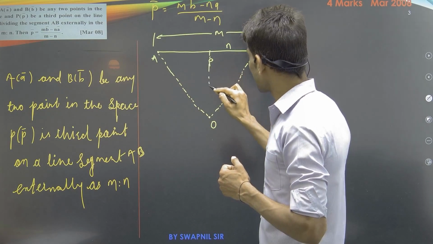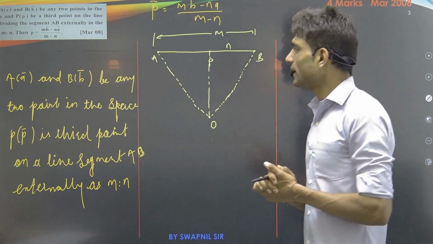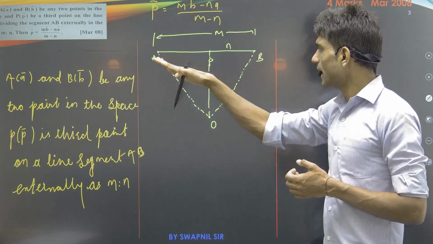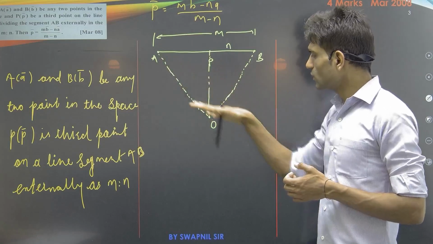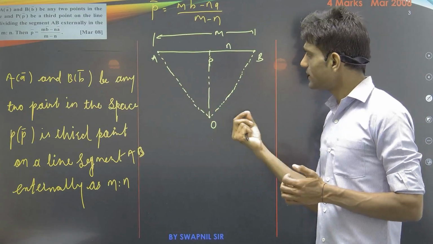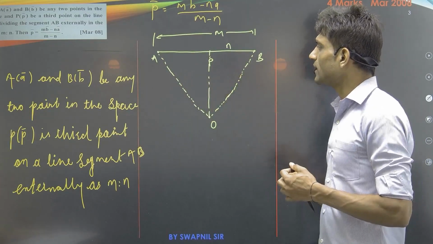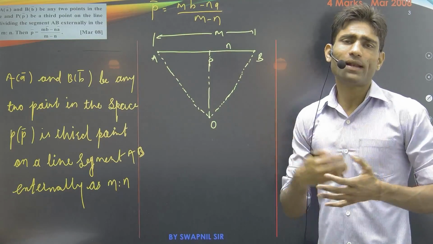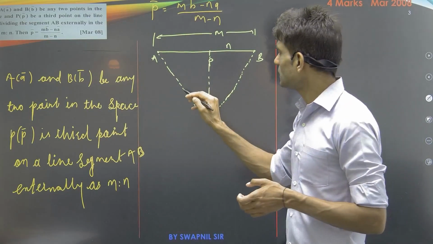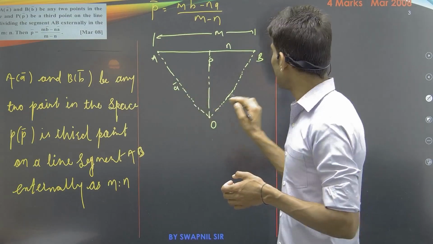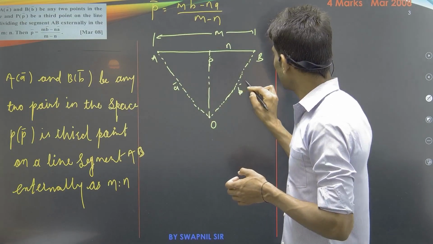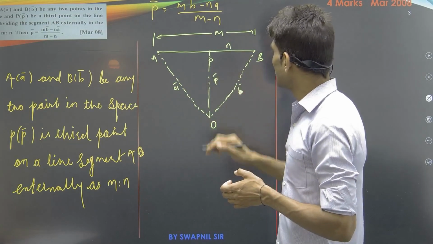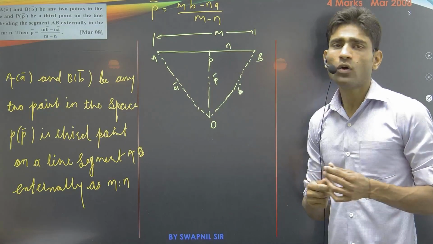Again, we have the triangle. I drew the triangle which has one vertex O and the point P here. Now we can see that every vertex has a position vector. So here A bar, here B bar, here P bar. Every vertex has a position vector.